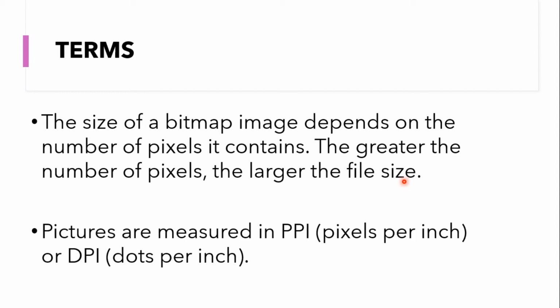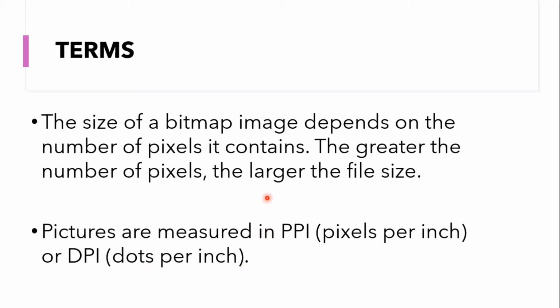So a picture with more pixels has better quality, but it is larger in file size. Pictures are measured in ppi, which is called pixels per inch, or dpi, dots per inch.